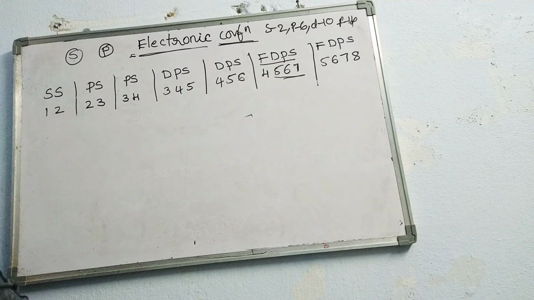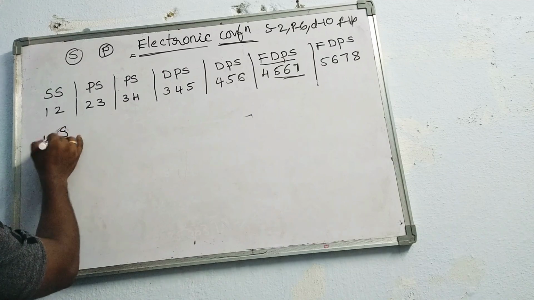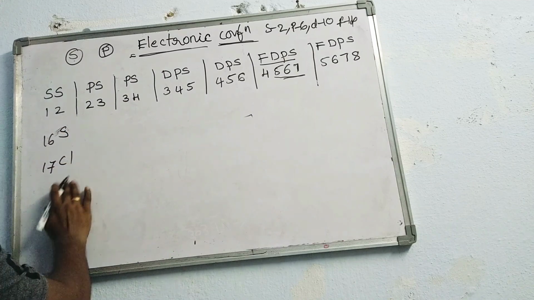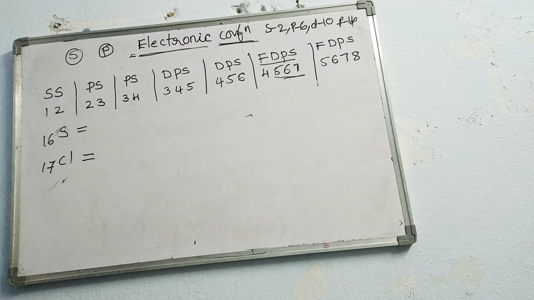Next one you can see sulfur and chlorine. See here, sulfur, how many electrons are there? 16 electrons.